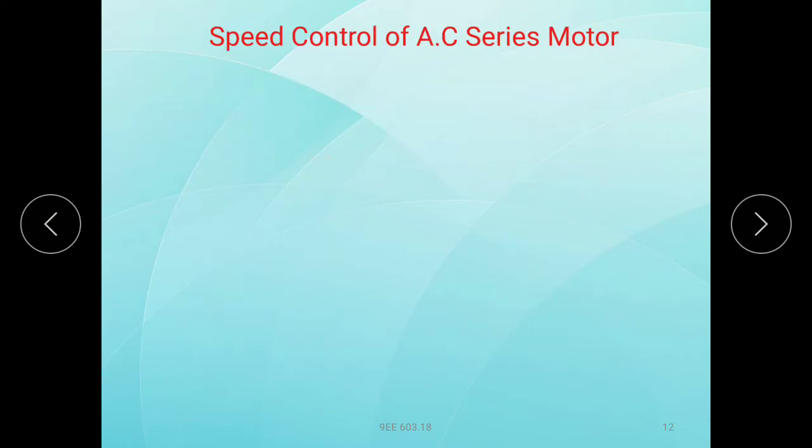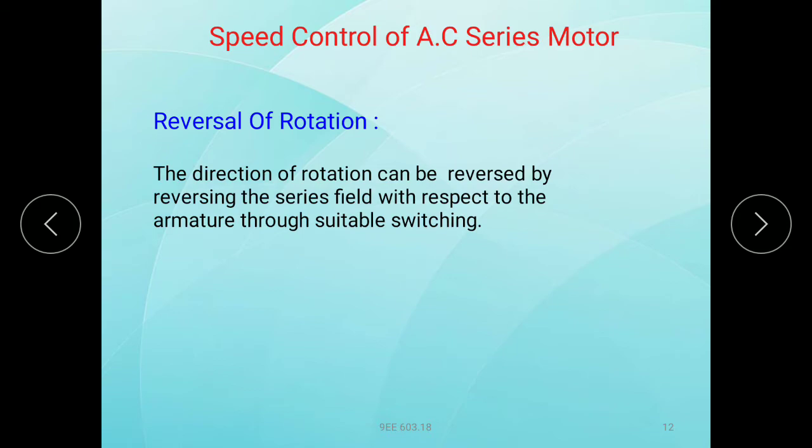Next, how is the reversal of rotation done? In the previous single phase induction motor lesson, we learned how the motor is reversed.